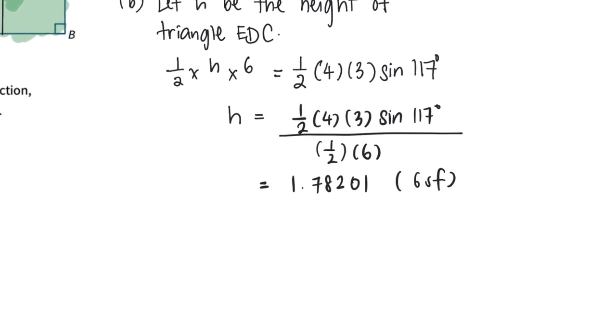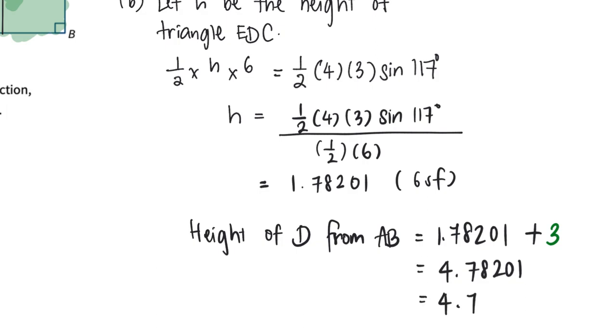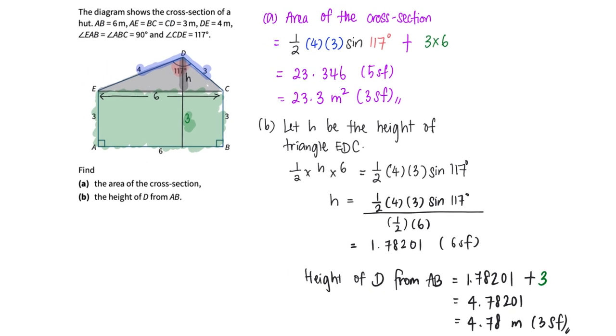So the final answer: the height of D from AB is equal to 1.78201 plus 3, which is 4.78201, 4.78 meters to 3 SF. And with that, we have come to the end of this video. So if you like this video, do give it a thumbs up. Thank you for watching and have a nice day.